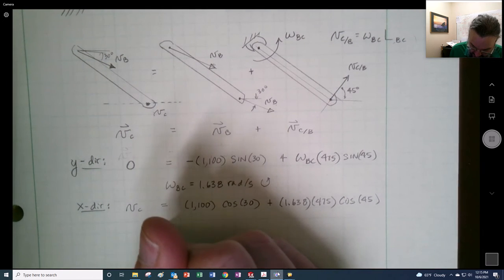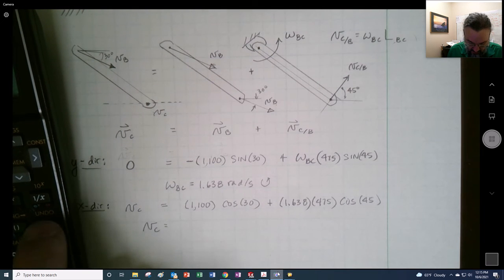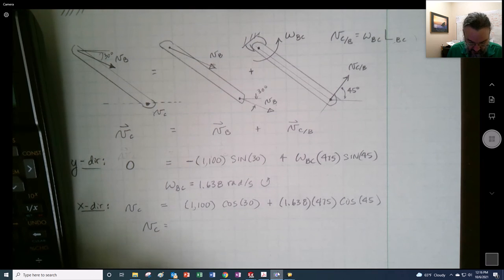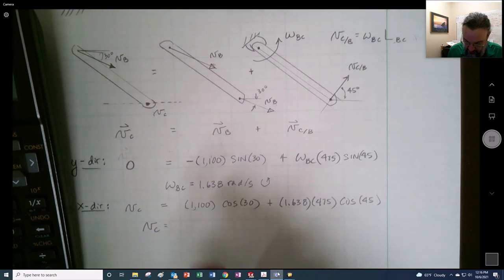So we got a VC, and I already have that in the calculator, so I'll go 475 times it, and 45 cosine times it, and that ends up being 550, which you expected.